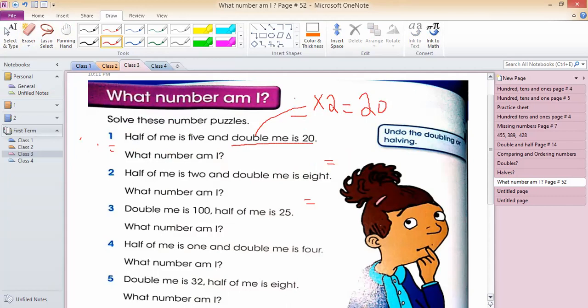So in order to find out that, find the opposite. What is the opposite of double? Half. Take the answer 20, and find out the half of the answer. 20 divided by 2 is equals to 10. In that way, you can find out the number. Clear, guys?